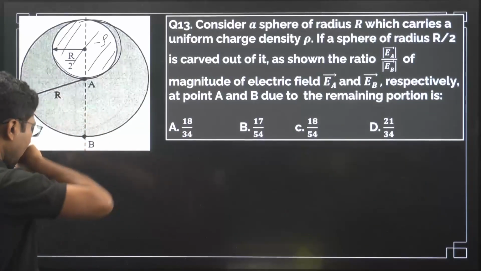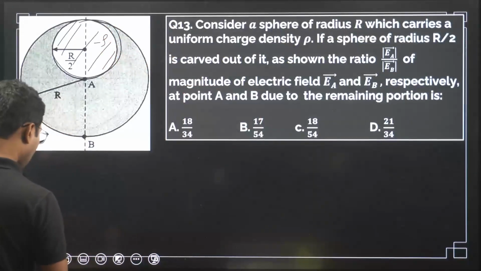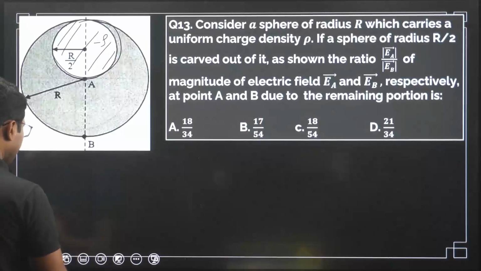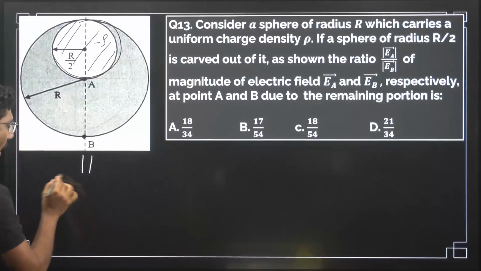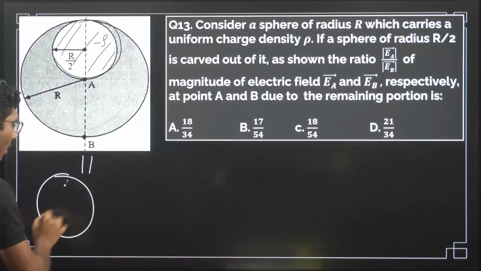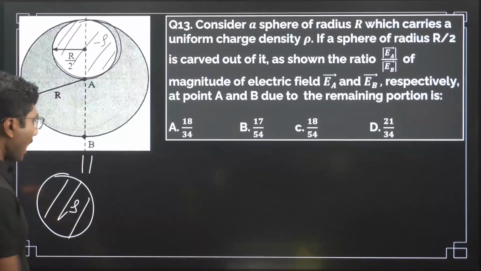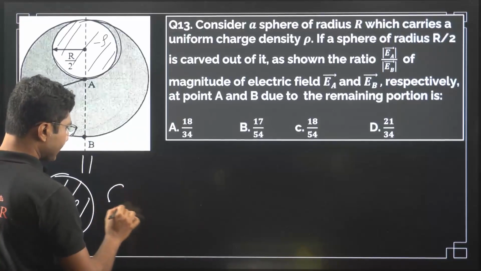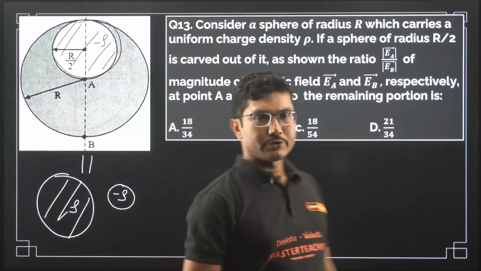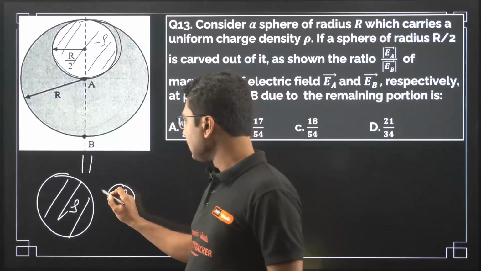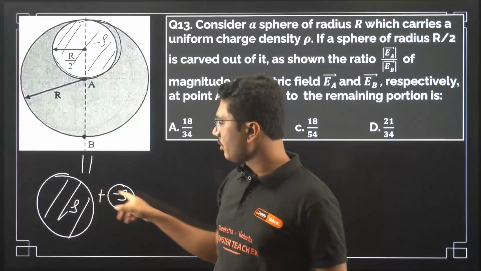So basically what we are doing here, we are converting this sphere into one complete sphere of charge density rho, and one sphere which is cut out from it as minus rho. So this sphere can be considered to be the sum of these two spheres.